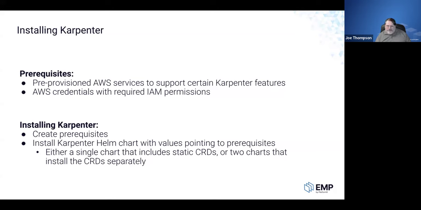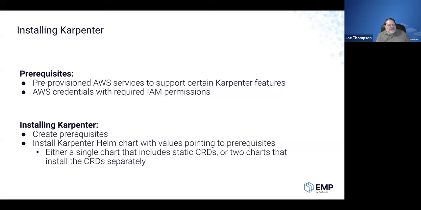And then once you've created those prerequisites, those resources and credentials, you install the Karpenter Helm chart, and it will assume some default values. So if you create the prerequisites with all those default values, then you don't need to really change much with the Helm chart. If you give things different names or you want to install things in different namespaces, you may need to alter those Helm chart values.